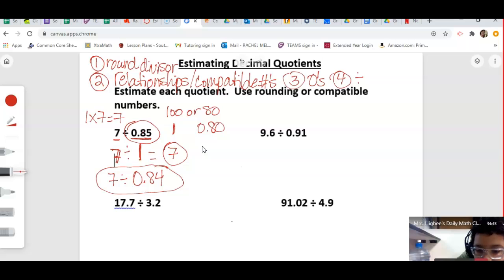Now let's do this one. 9 and 6/10 divided by 91 hundredths. So raising your digital hand, what would you like to do with 91 hundredths? Okay, all I see are a couple of hands. I'm not going to call on Brandon and Elijah every time. Can Traylon, what would you do with 91 hundredths? Yes.